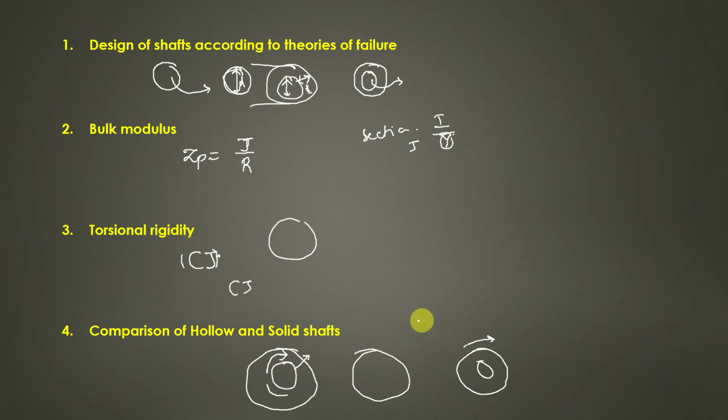A solid shaft is completely solid material, whereas a hollow shaft is hollow inside, and to transmit the same amount of torque, you can find it is economical. And how much percentage hollow is better than a solid shaft, you have to compare by weights. That is also a very important concept to find out.